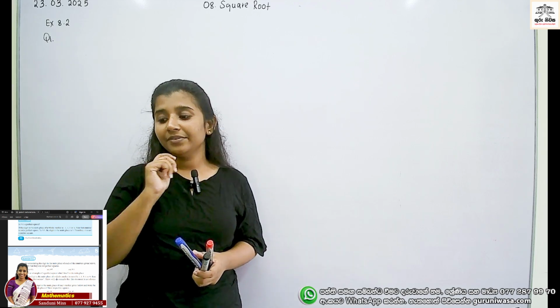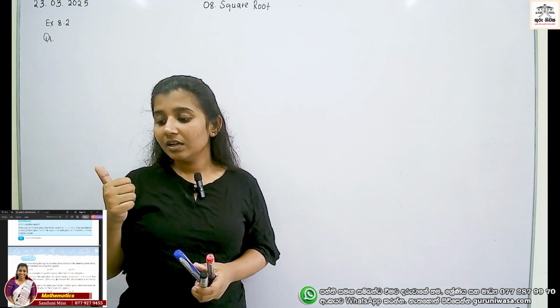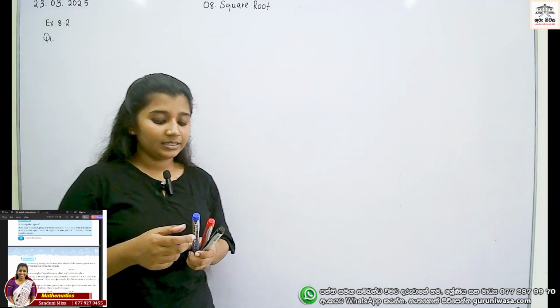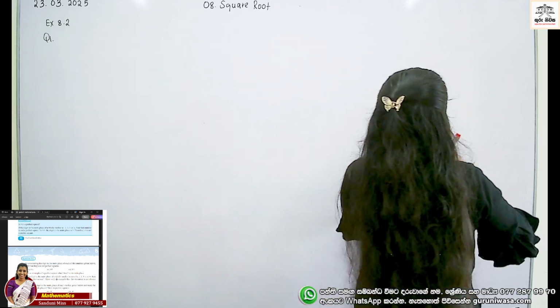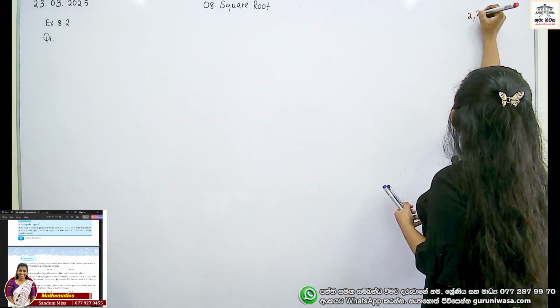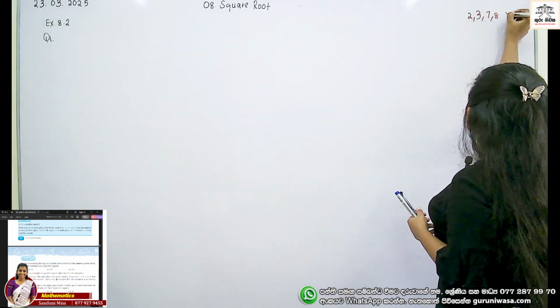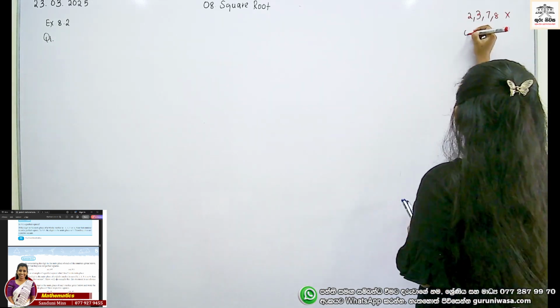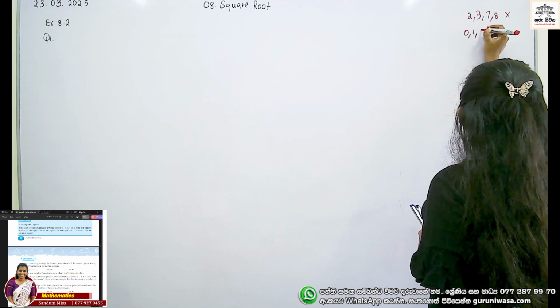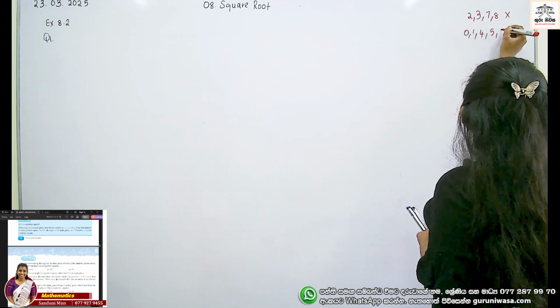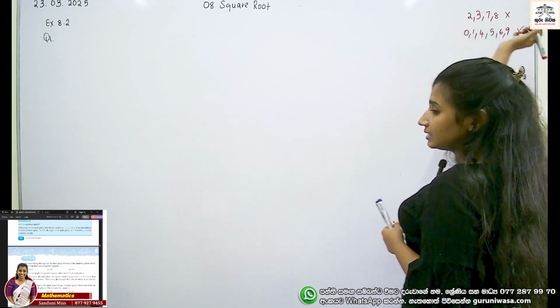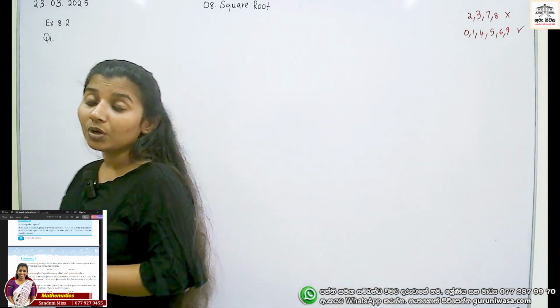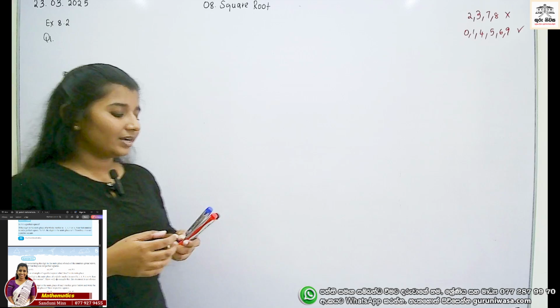If you have 2, 3, 7 and 8, it's not a perfect square. If it's 0, 1, 4, 5, 6 and 9, it's a perfect square, right? But not all the numbers, only the square numbers, right?